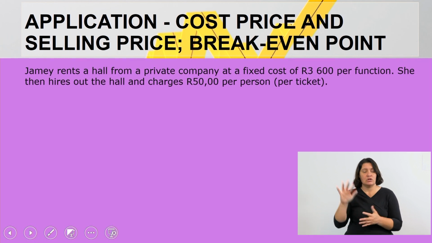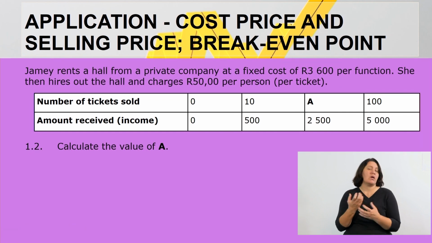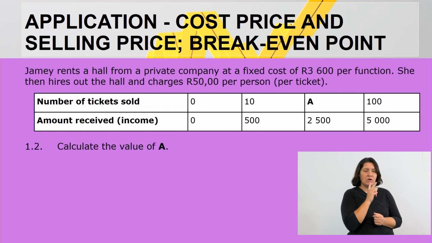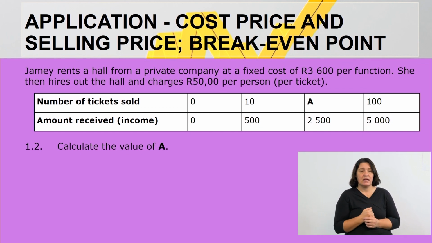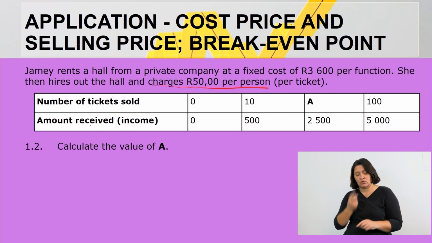Looking now at the next question, there's the scenario again. I'm doing 1.2 now. Calculate the value of A, right? So we want to know number of tickets sold, if the amount received is 2,500 Rand. Remember, we are saying here, she charges 50 Rand per person or per ticket. Now income or amount received is 2,500.